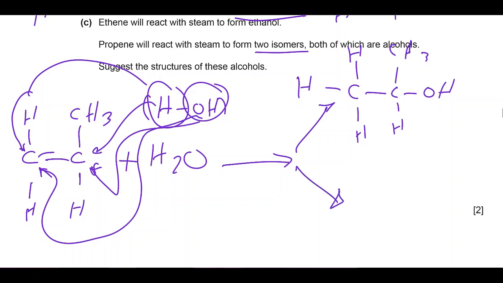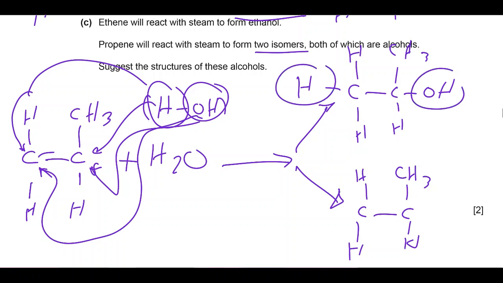The second isomer, same compound, you just need to invert the position of H and OH. So OH here, and here H. So the position of the OH here is in carbon number 2, but the position of OH here is in carbon number 1.